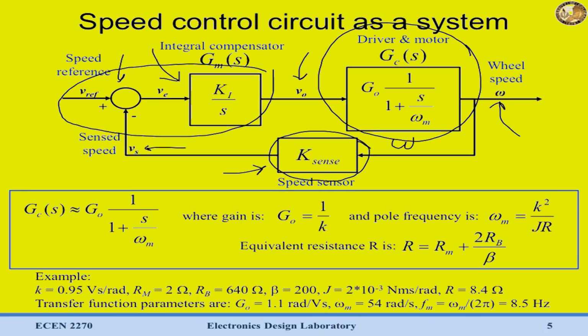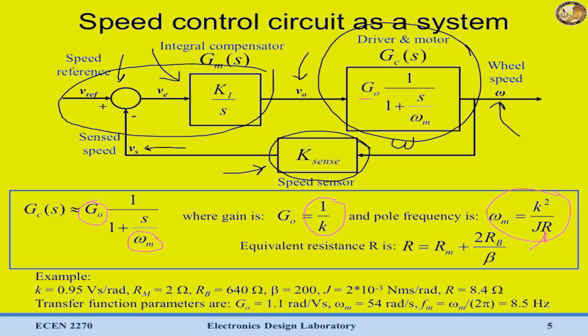What's important to note is that we can model this motor as a single pole system. So you can see here we have some gain on this transfer function, some G0, also seen down here, where G0 is dependent on our motor parameters. This is that K that we solved for. Then we have some pole frequency, omega M, which is the pole of our motor, also dependent on our motor parameters.